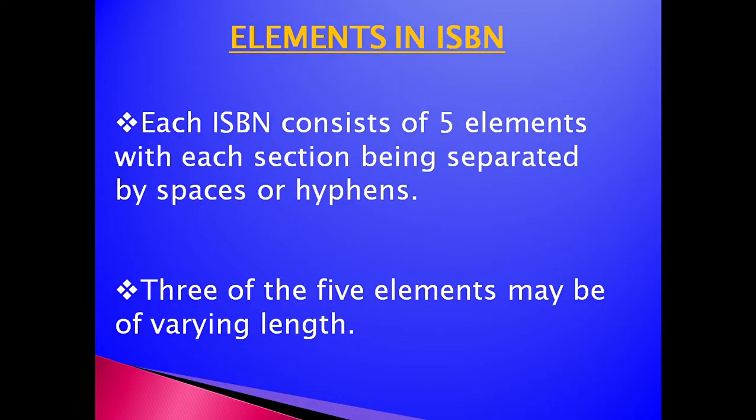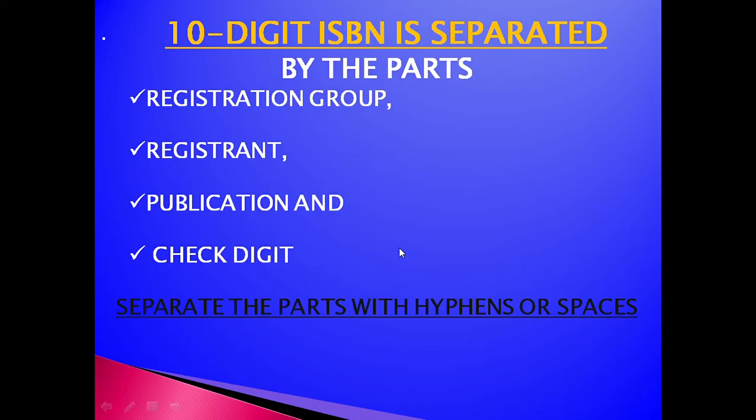Three of the five elements may vary in length. Not all are the same; it will vary according to the country and the place. When you say the 10 digits, you have a registration group, registrant, publication, and check digit. And I told you that they are separated by hyphens or spaces.